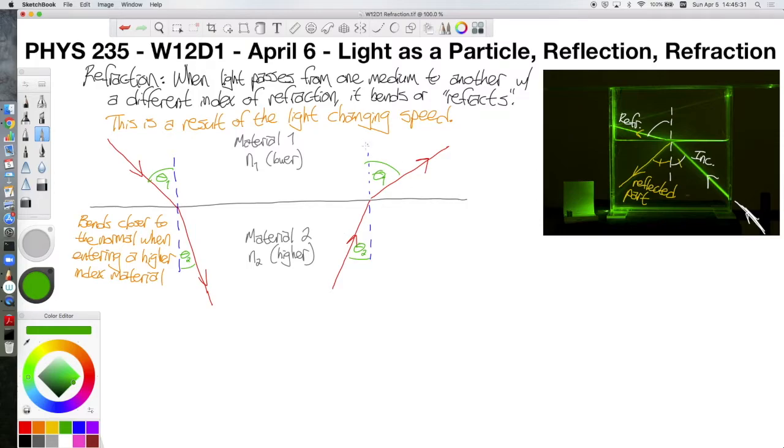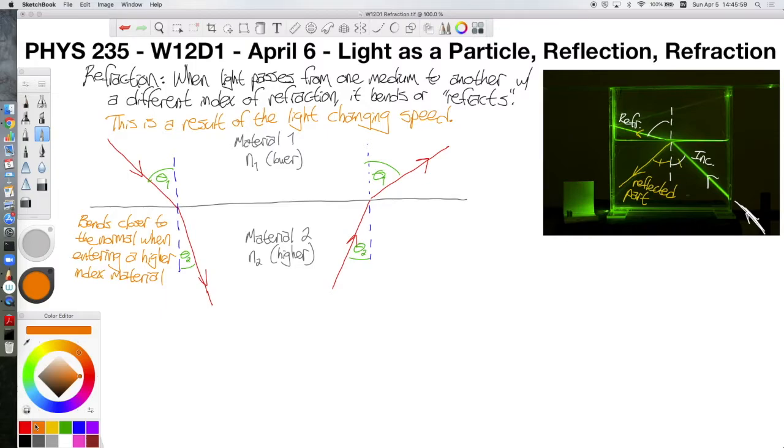So 1 and 2 doesn't refer to the order of the two materials that the light passes through. It just matches with whichever material that angle occurs within. So both of theta 1s are measured between the light ray and the normal within material 1 with index of refraction N1. So all of the subscript 1s are above this line. All of the subscript 2s are below this line.